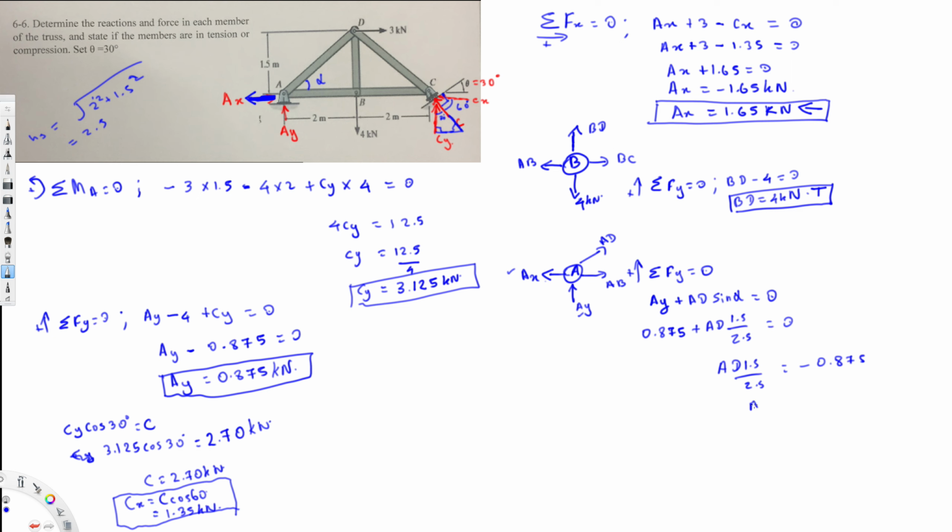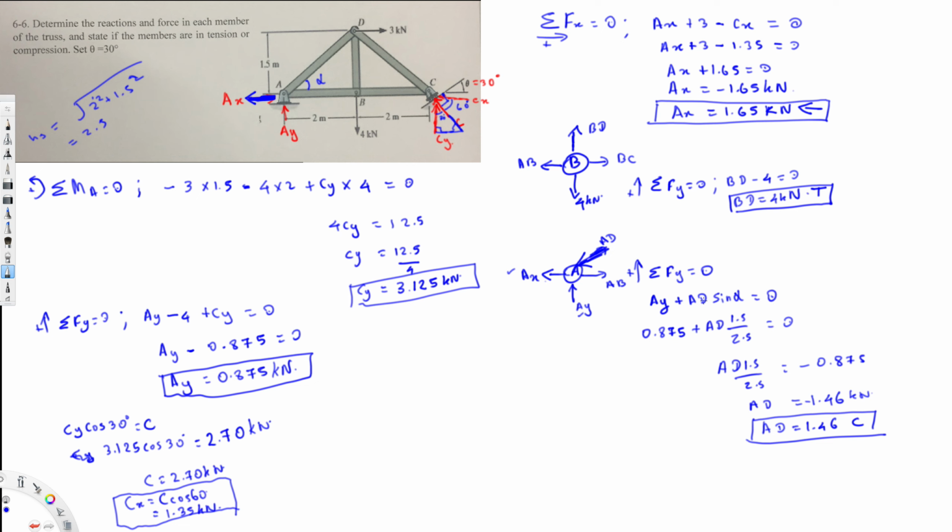it comes out to be negative 1.46. Therefore we know the direction is opposite, so it's going to be AD 1.46 compression, because if this is going to be my direction, then this is acting toward the pin joint, so we know it's a compression.